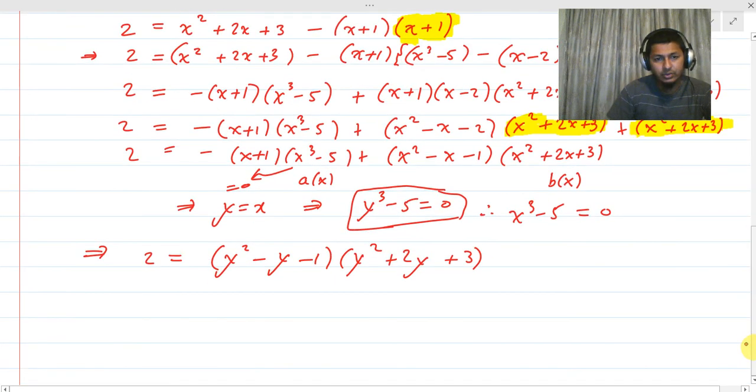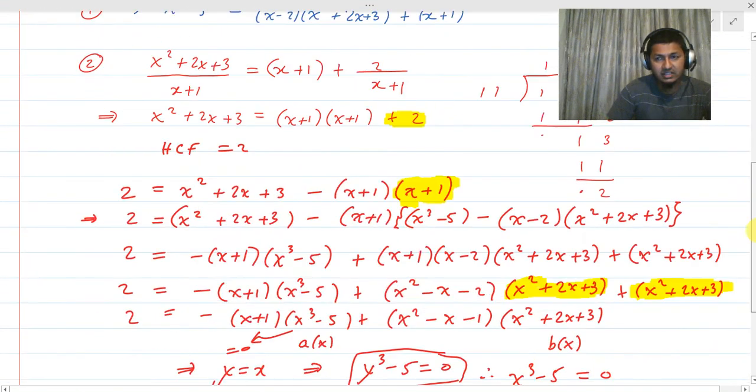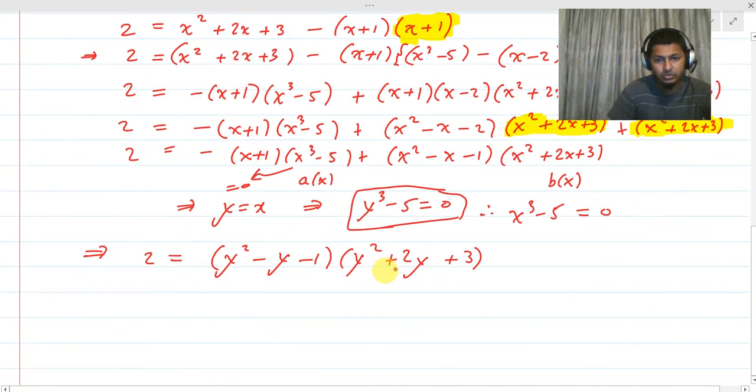Okay, anyways, now remember our original function was gamma squared plus 2 gamma plus 3. So what we can say is 2 over gamma squared minus gamma minus 1 is now equal to gamma squared plus 2 gamma plus 3.